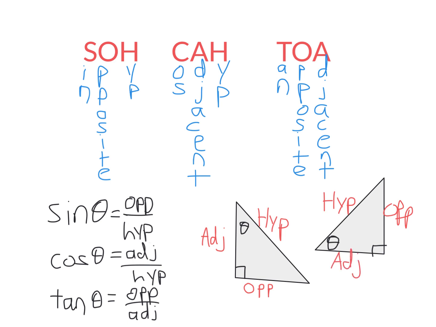So on the previous slide, we went through three ratios: sine, cos, and tan. Sine is the ratio of the opposite side to the hypotenuse. Cos is the ratio of the adjacent side to the hypotenuse, and tan is the ratio of the opposite side to the adjacent. As I mentioned in the previous slide, if you know the value of theta, this ratio is fixed.